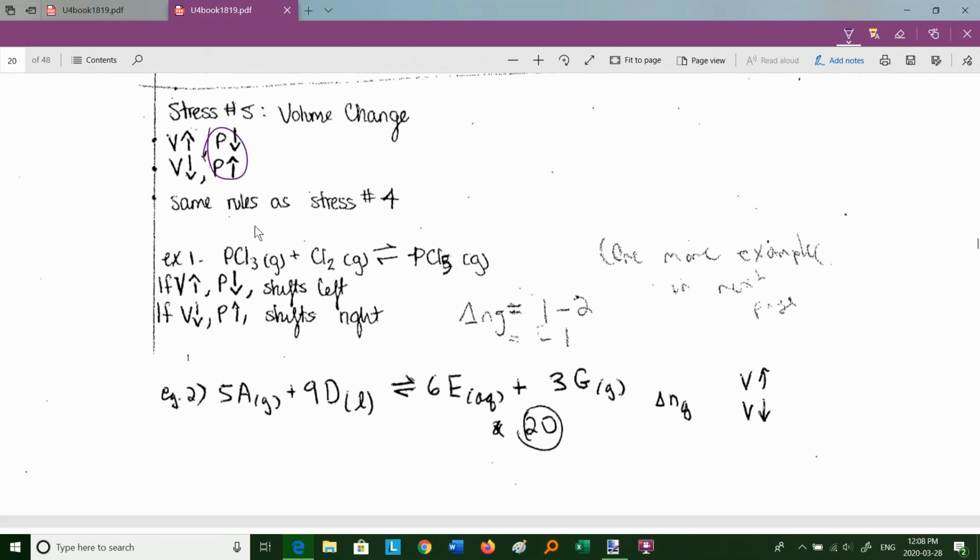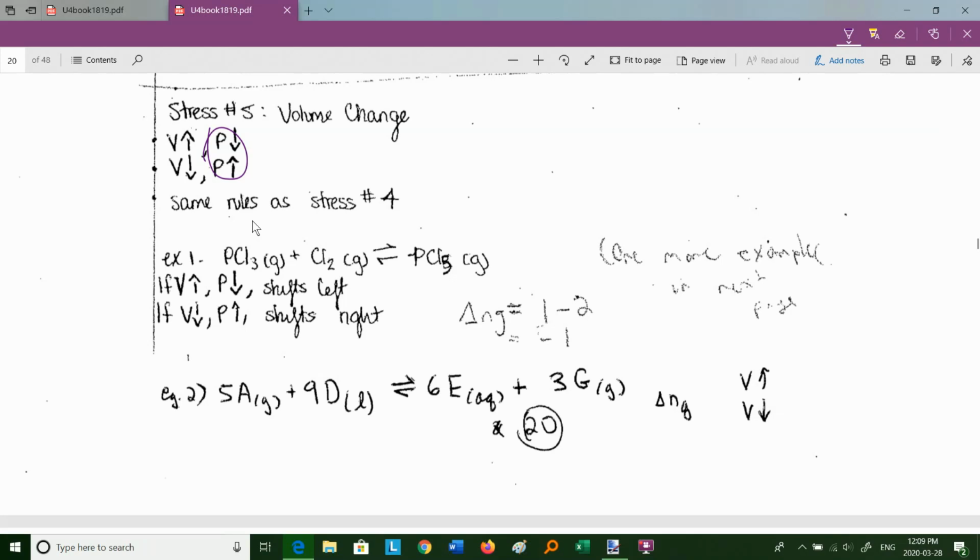So here I got PCl3 plus Cl2 goes to PCl5. And so I got 2 gas mole coefficients on the left and 1 on the right. If I transfer this mixture to a larger flask, the volume is going to go up.